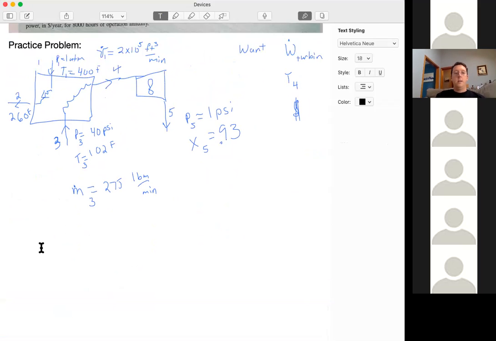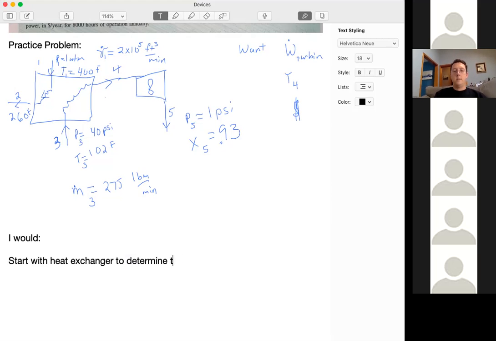If this was me: start with the heat exchanger to determine state 4, and then get all the numbers I might need.